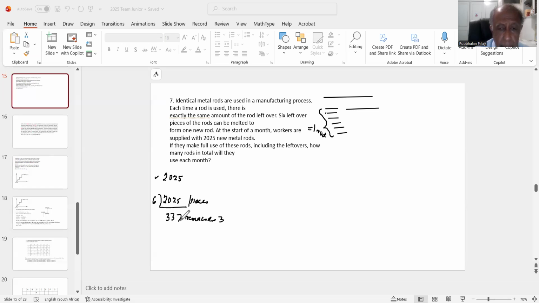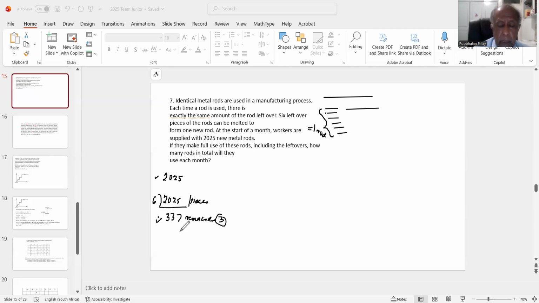It doesn't go exactly. It's 337, remainder 3. All right, so there's 2,002 pieces which are left over. You can make 337 new rods with those, but you have 3 remaining.